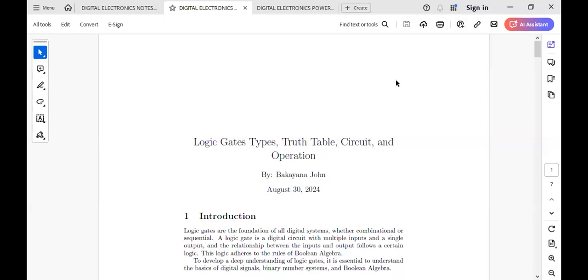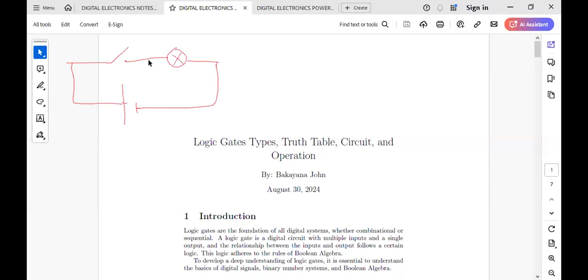Okay, so I said that where you have a simple circuit, connect to a bulb, and then connect to a battery. And this should be a complete circuit.